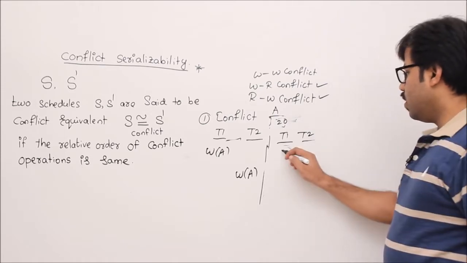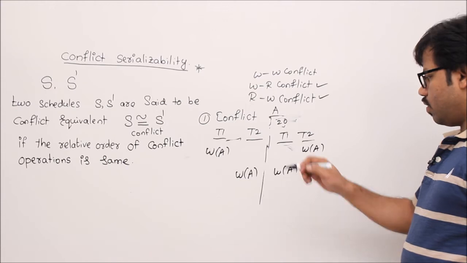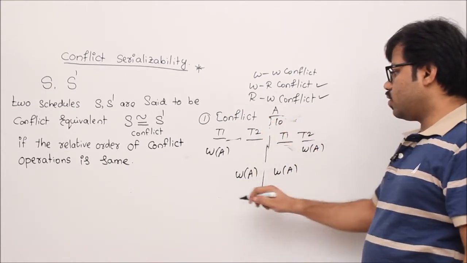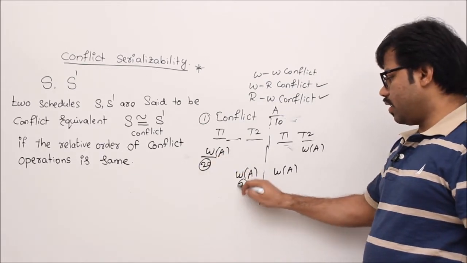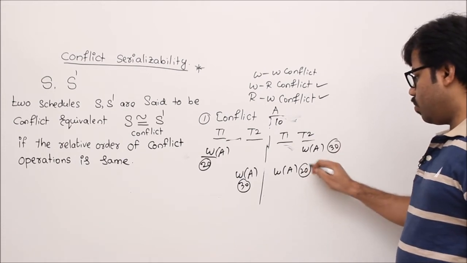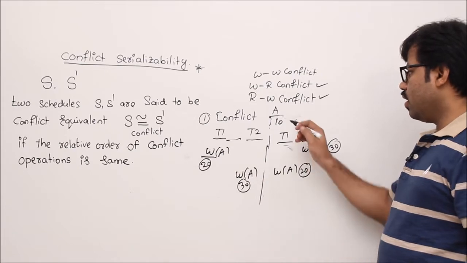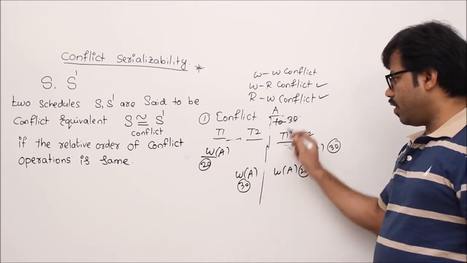So here T2 write of A, T1 write of A. Assume initially it is 10, and one is blindly making A 20 and the other 30. If T1 followed by T2 is executed, see the output: final value 30. Remember it, final value 30.